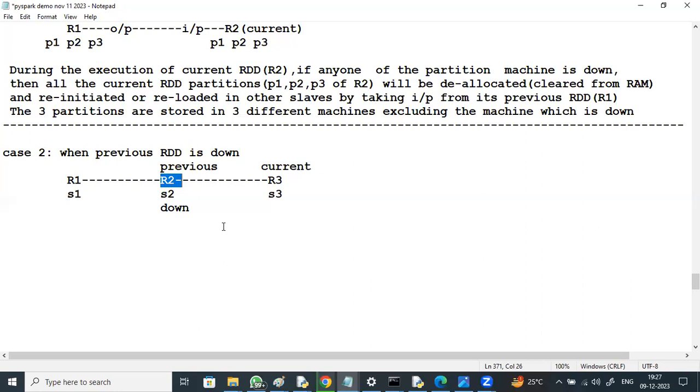No, sir. R1 is not available, right? When R3 is computing, only R2 is available. When R2 is ready and its computation is finished, R1 is removed from RAM, not available in RAM. R2 is previous.